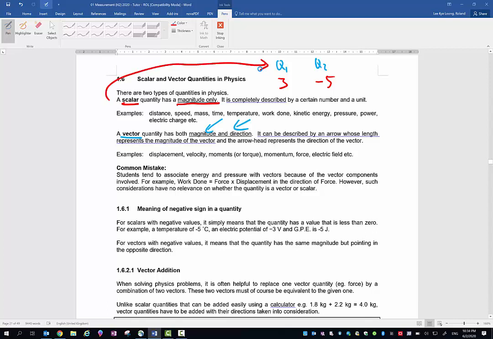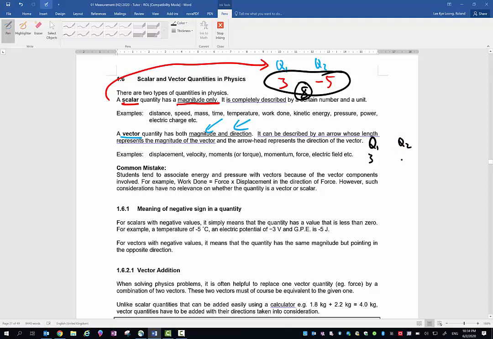If Q1 is 3 and Q2 is minus 5, it only means that they have a magnitude difference of 8, because the difference between 3 and minus 5 is 8. That's it.